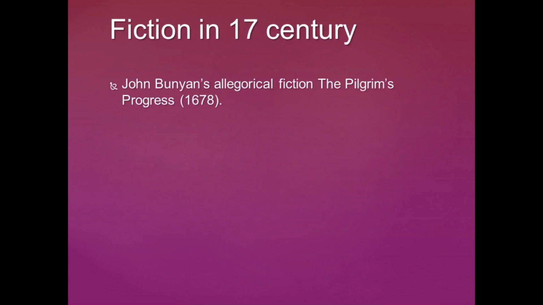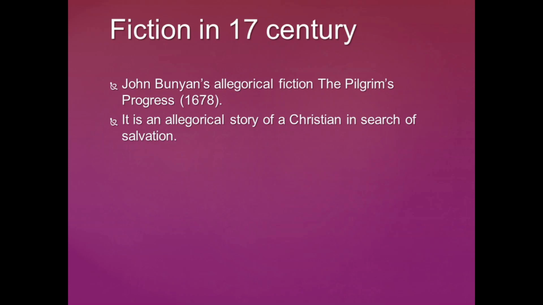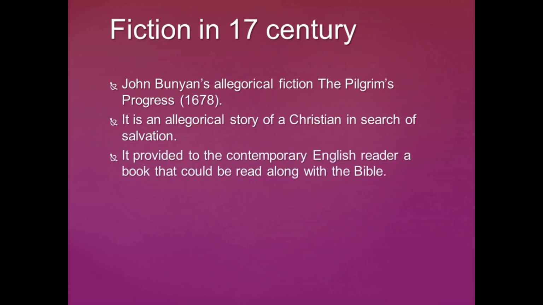The fiction in the 17th century is credited to John Bunyan. Bunyan's allegorical fiction, The Pilgrim's Progress, published in 1678, is noteworthy to be read. It is an allegorical story of a Christian in search of salvation. It provided the contemporary English reader a book that could be read along with the Bible.